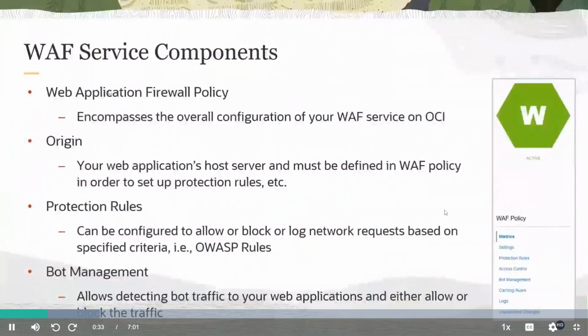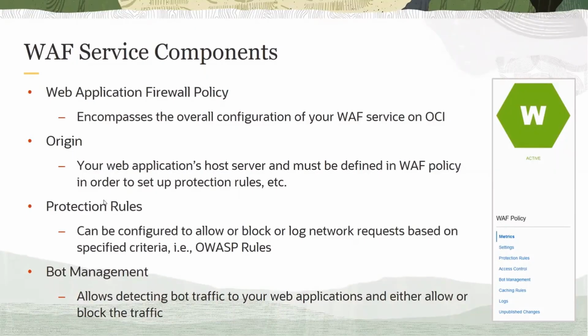The WAF service components are the WAF policies, origin, protection rules, and bot management. So let's take a closer look at each one of them. The WAF policy covers the overall configuration of your web application firewall service, including the origin management, protection rules settings, and bot detection features. Now, the origin for your web application must be defined in your WAF policy.